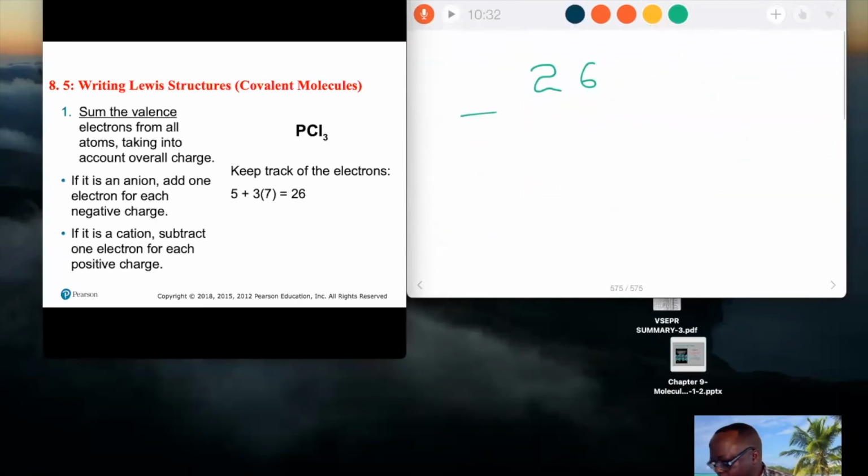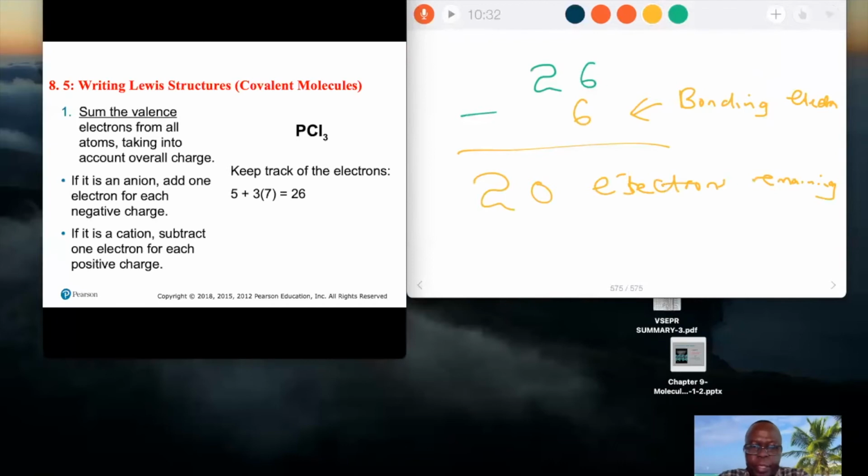We subtract 6. We call these bonding electrons. We remain with 20 electrons remaining.